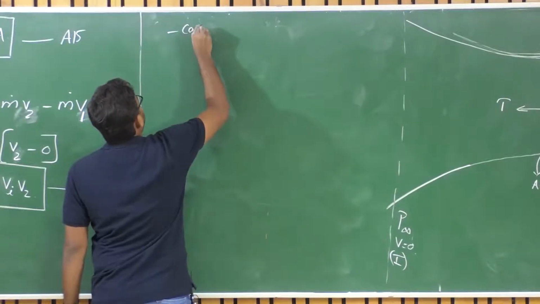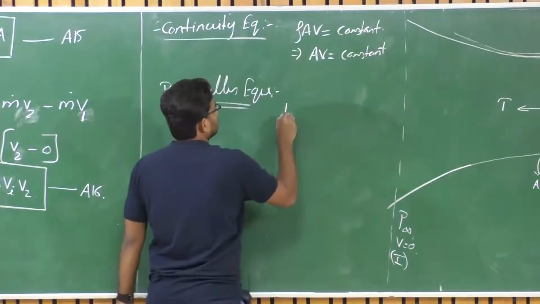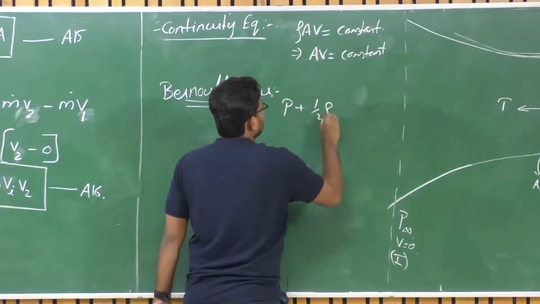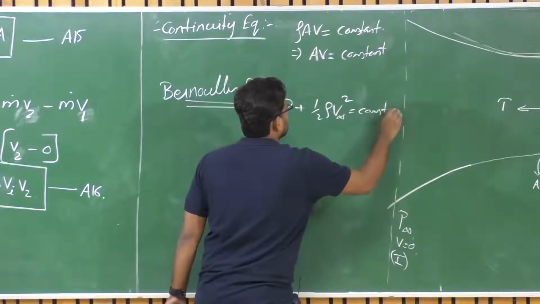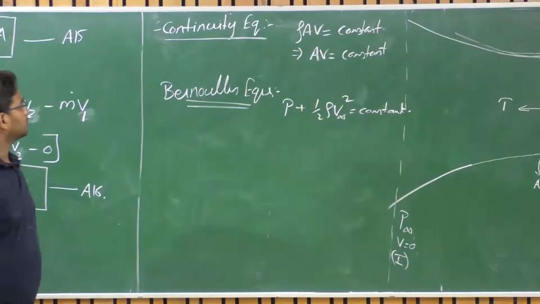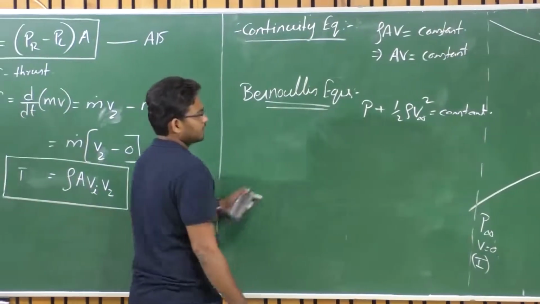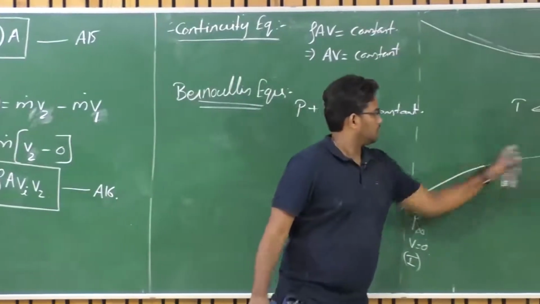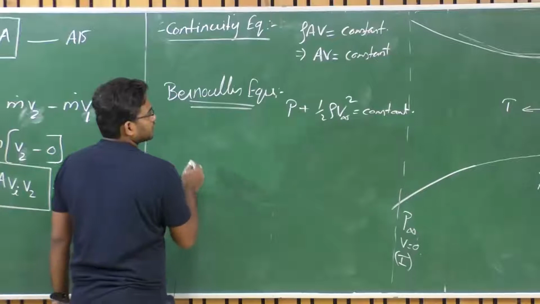So, let me just note it down. What we have is P plus half rho V square is equal to constant, right, along a streamline here. Okay. Now let's look at this mass conservation here.